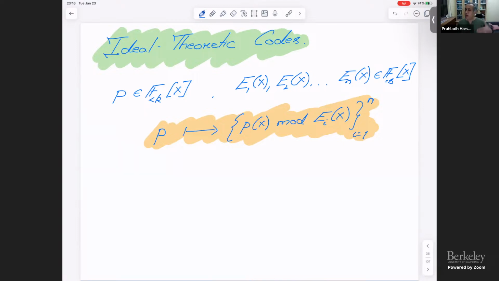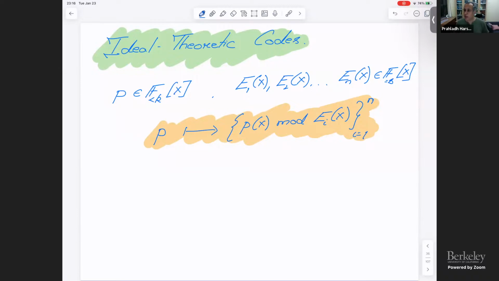That's a very natural extension, a larger framework in which I can put Reed-Solomon, Reed-Muller, and folded Reed-Solomon, all of them under one single umbrella. So you encode a polynomial by giving it mod several polynomials E1 to En. The question is which properties of these polynomials E1 to En make this a good encoding?